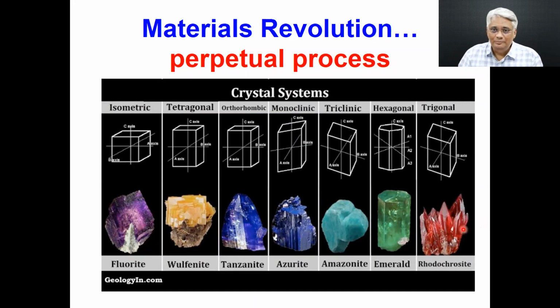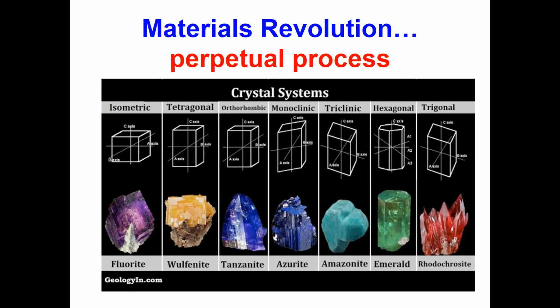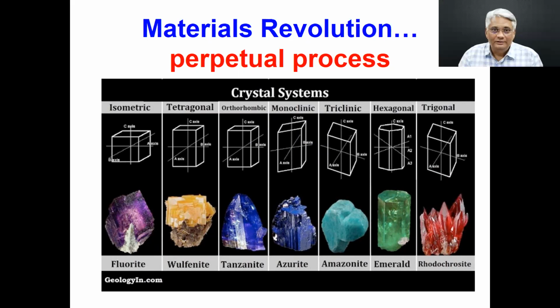And these are examples of natural crystals here: fluorite, azurite, rhodochrosite. Each of these crystals, they're all colored, and I'll come to that point, how crystals can be basically colored, but they all possess specific crystal structures, like what you see here.